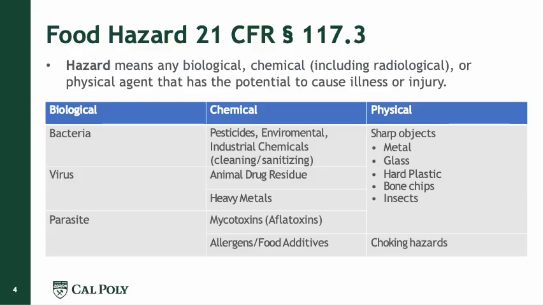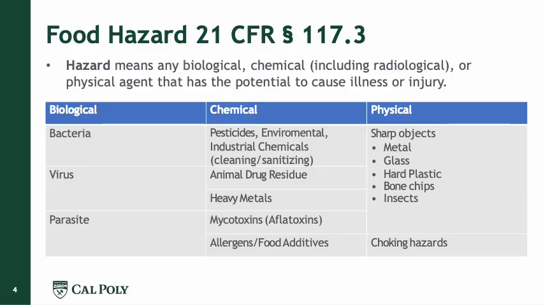And we can also have chemicals like allergens or food additives to which consumers have a sensitivity. And talking about physical hazards, we can say sharp objects like metals, glass, plastic, bone chips, insects, or choking hazards.